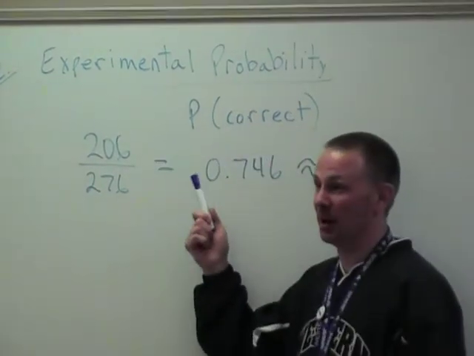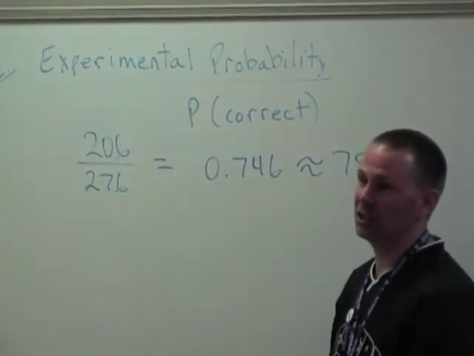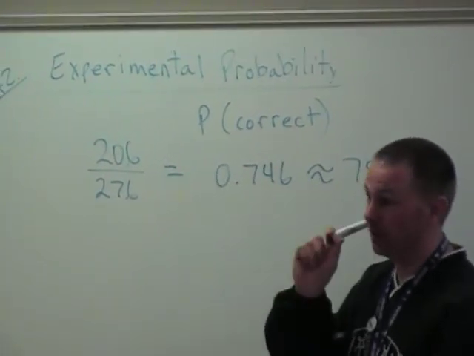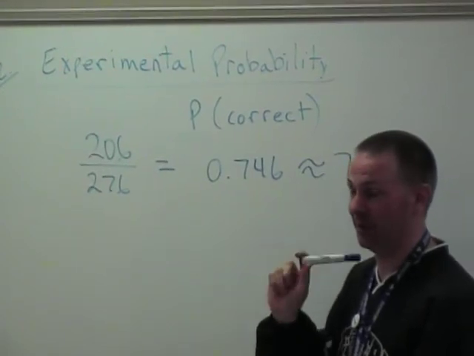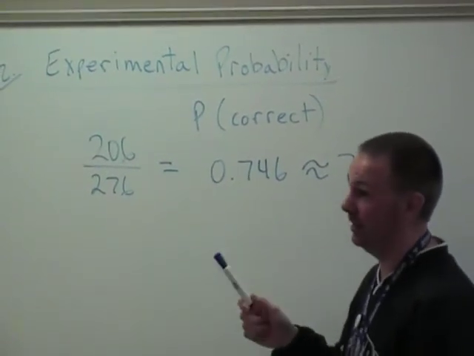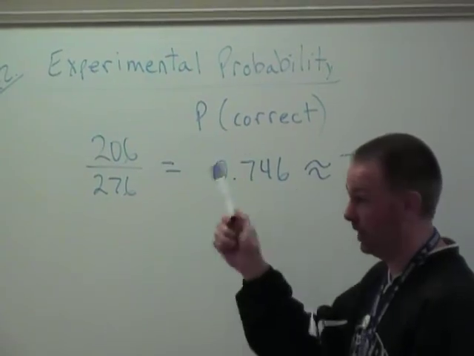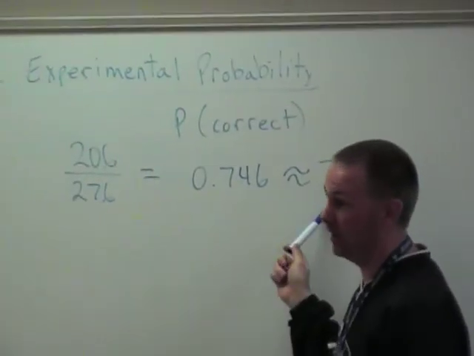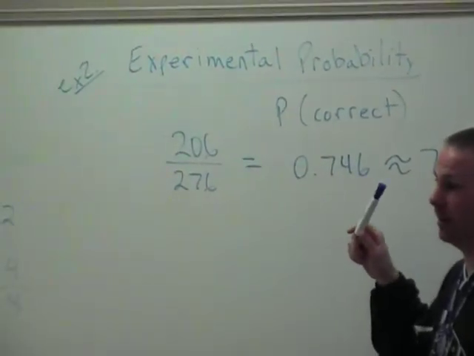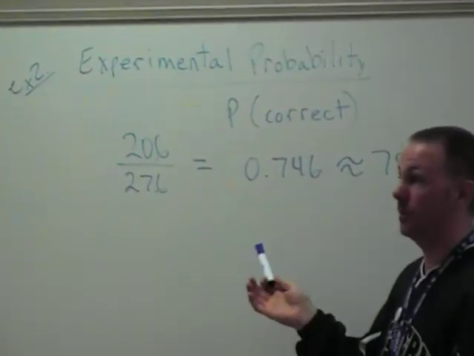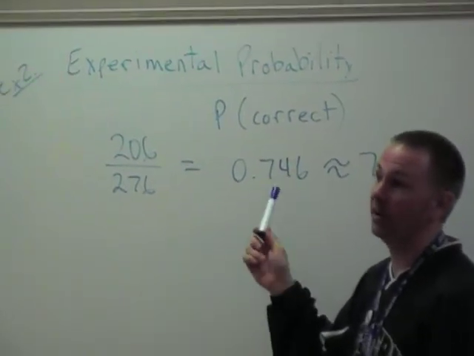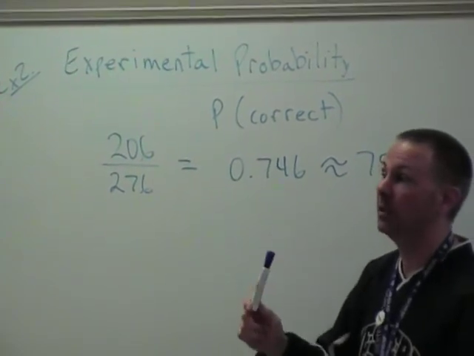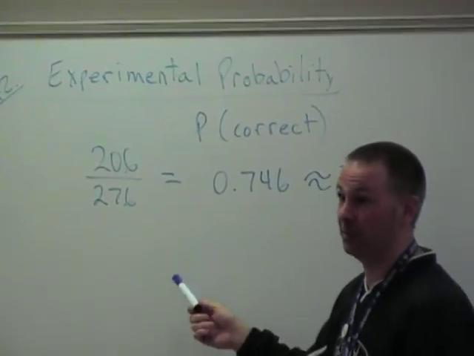Okay, so experimental probability, that's what it's used for. I guarantee you, the powers that be in these fast food restaurants know exactly what this number is for each individual store. Everything is timed down to the last second. Now, they may not know whether or not you got the order right, because the only time they know if it's wrong is if somebody comes in, tells them, and somebody keeps track of it.